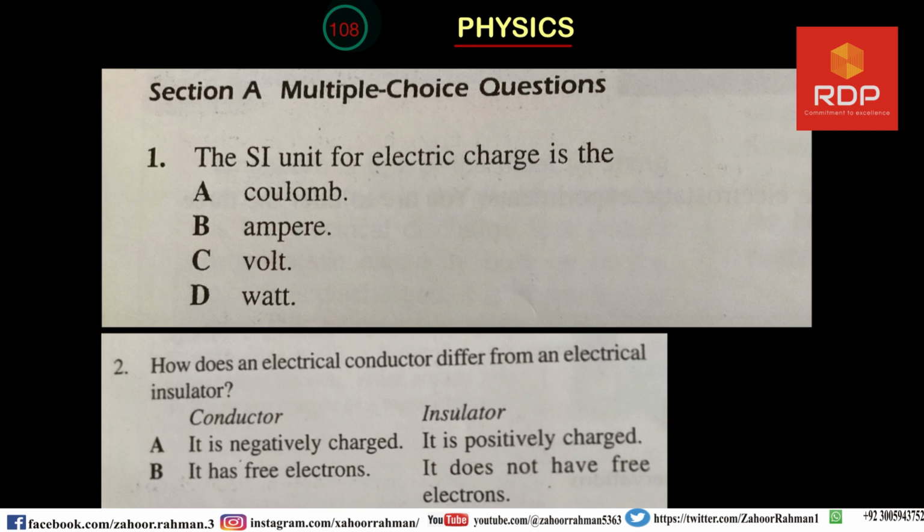There are four options. You have to select only one, which is the correct one. The options are coulomb, ampere, volt, watt.